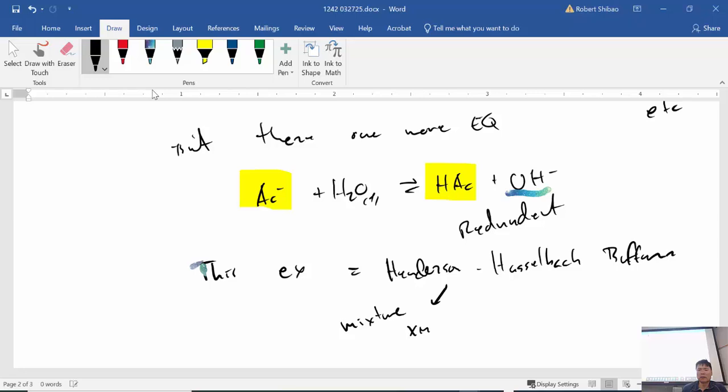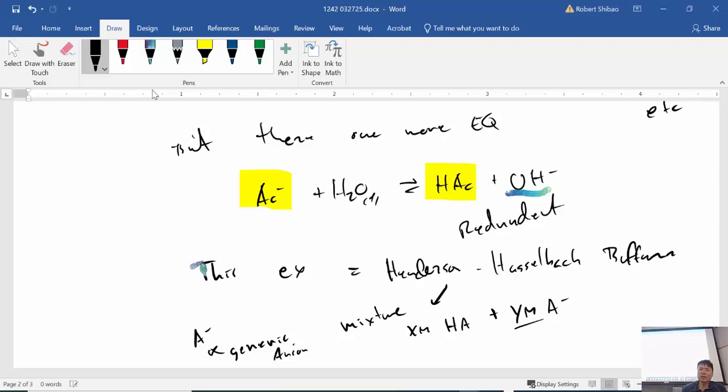X molar HA. Now, A is different. A is a generic anion. AC is acetate. A is a generic anion. And so we're going to have X molar HA plus Y molar A minus. That's a Henderson-Hasselbalch buffer.